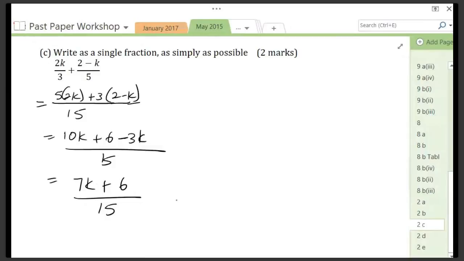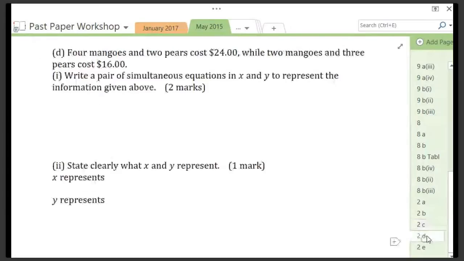All right, excellent. Now let's go to the simultaneous equation here. So part D, 4 mangoes and 2 pears cost $24, while 2 mangoes and 3 pears cost $16. Part 1, write a pair of simultaneous equations in X and Y to represent the information above. So they said 4 mangoes and 2 pears.